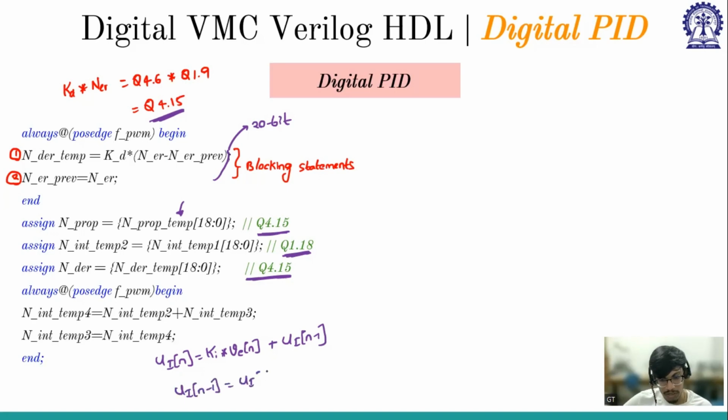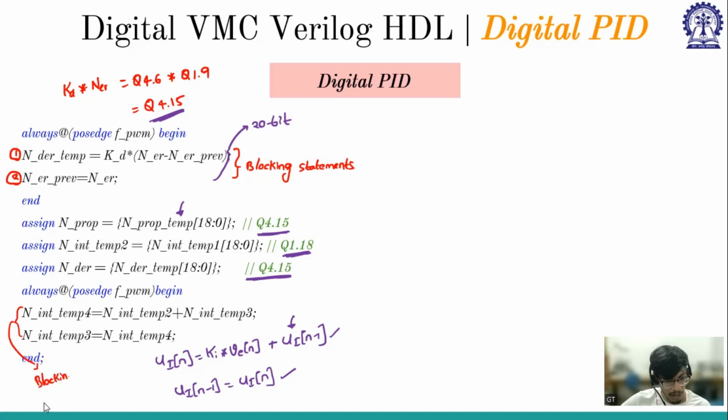So whatever ui of n is in this cycle will be ui of n minus 1 in the next cycle. After performing this expression, I should update ui of n minus 1 with ui of n. Again, first I have to do this, then only this, which means I have to use blocking statements. So again, these are blocking statements.